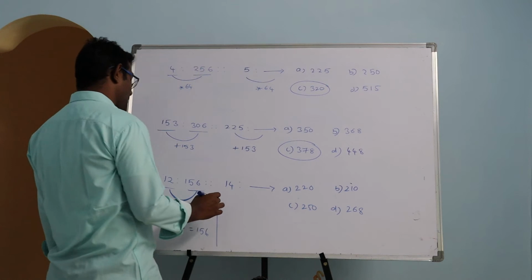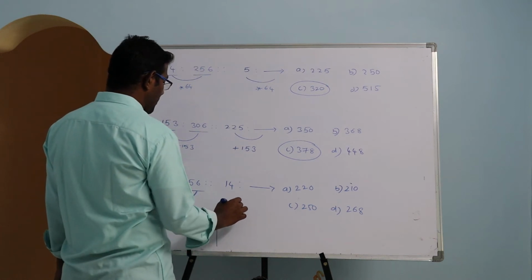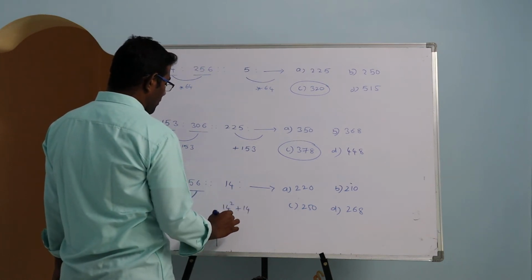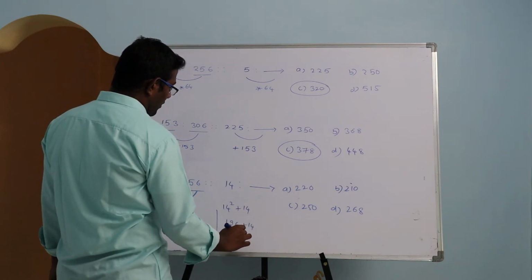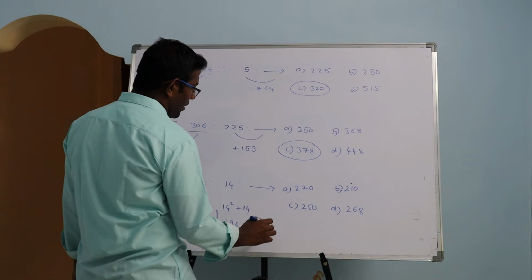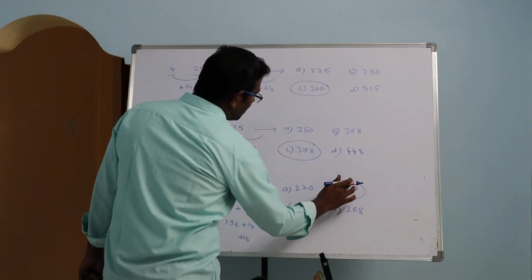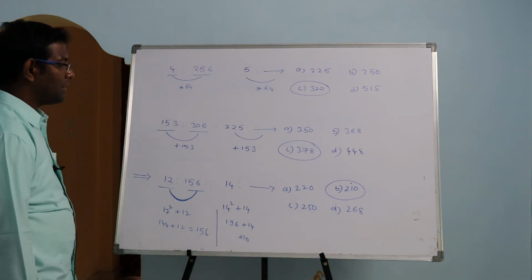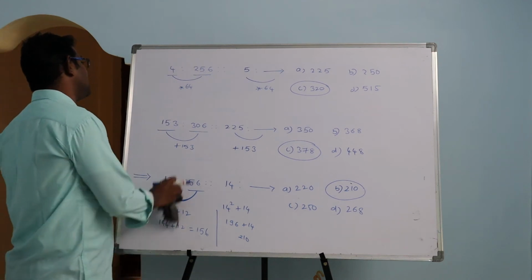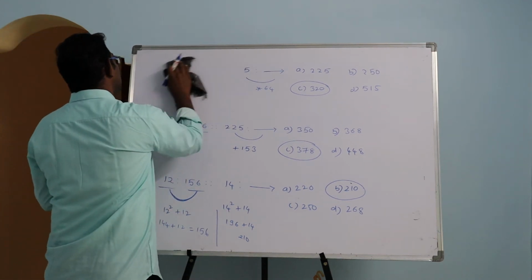In the same way, 14 square plus 14. 14 square is 196 plus 14. Your answer goes to 210. 210 belongs to option B. Write down the next bit, sir.